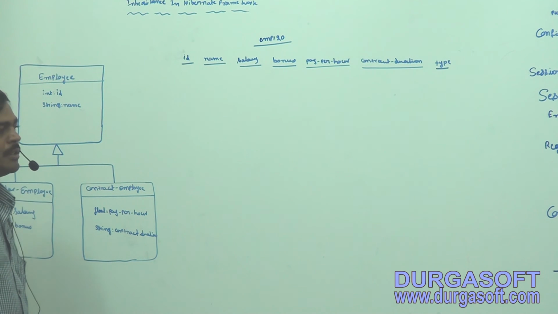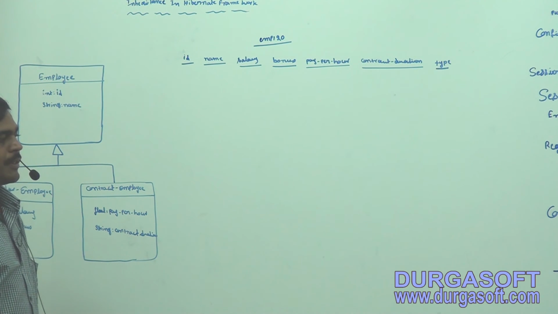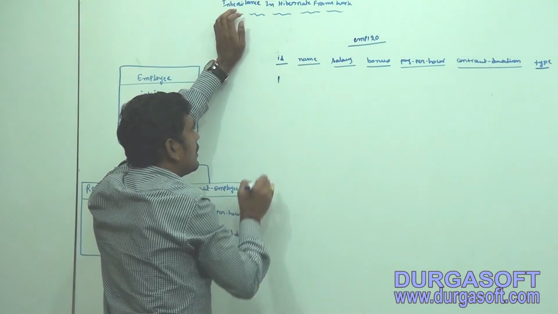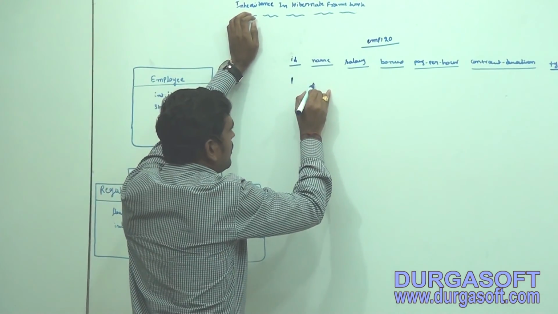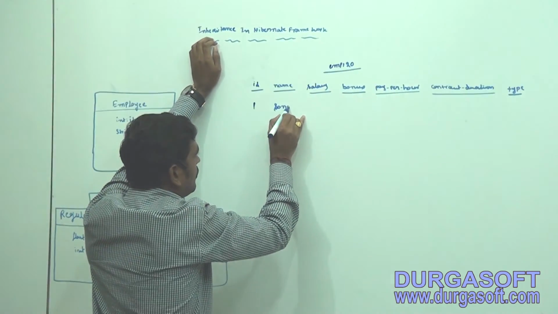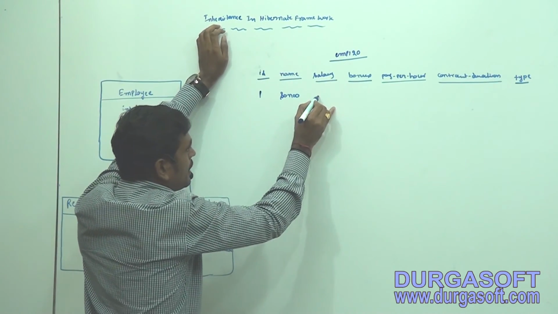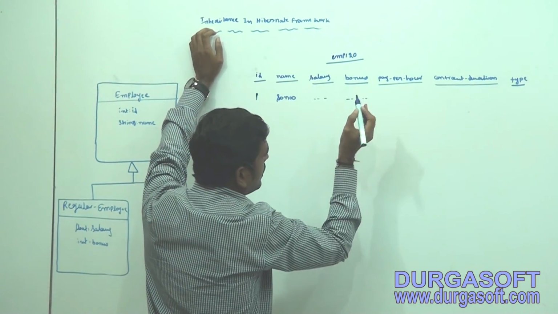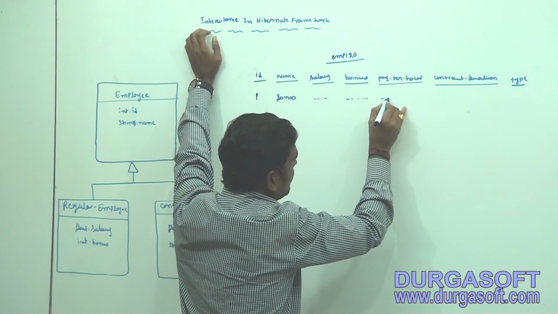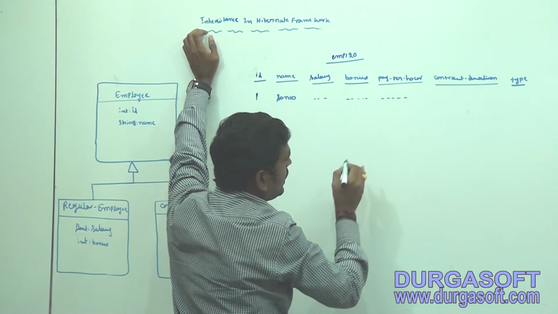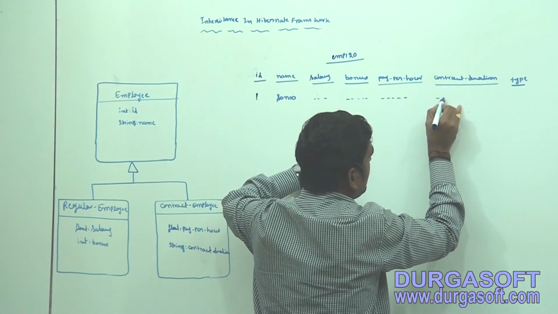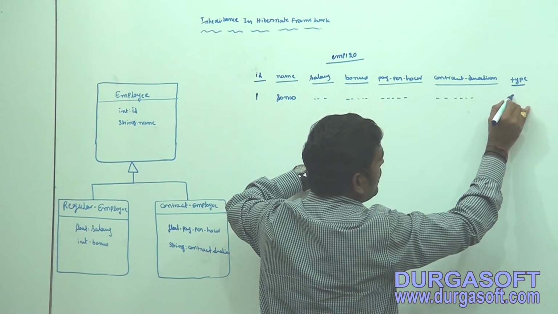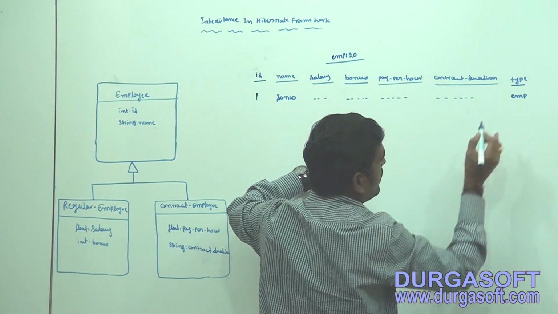After that, session.persist of e. Now what is the id? 1. Employee name is what? Suno. Salary, nothing. Bonus, nothing. Pay per hour, nothing. Contract duration, nothing. So now type of the employee is what? EMP.